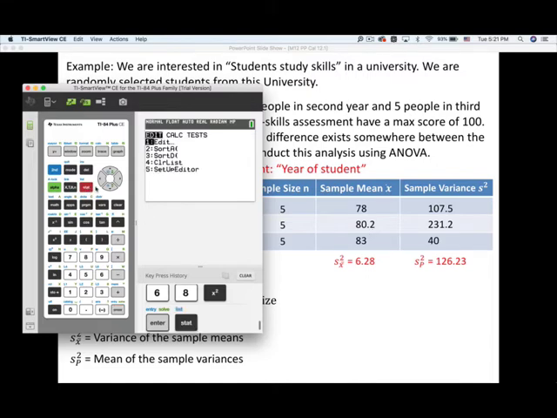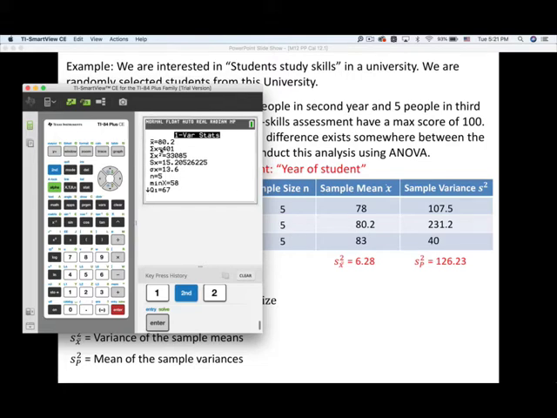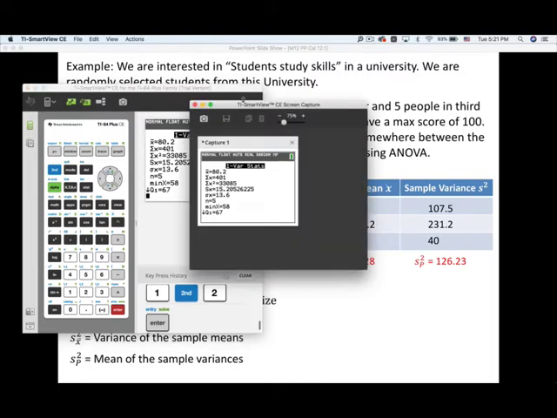So click on stat, calc, second 2 for L2, enter. So I have n equal to 5, 80.2 will be my sample mean. Again, for the sample variance, we're going to square the sample standard deviation.